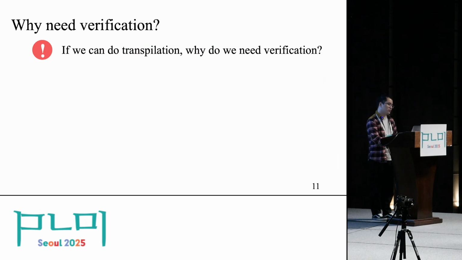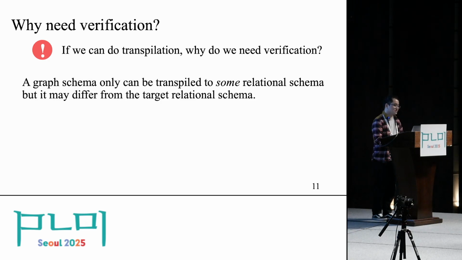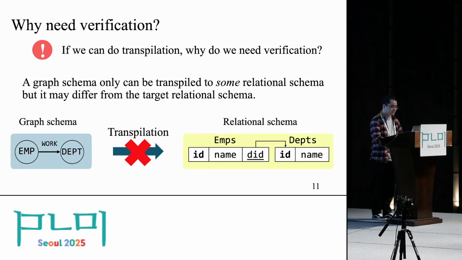If we can automatically transpile graph queries into relational queries, why do we need to verify equivalence between these two relational queries? The reason is that a graph schema can only be transpiled to some relational schema, but it may differ from the target relational schema. More specifically, let's consider this example.